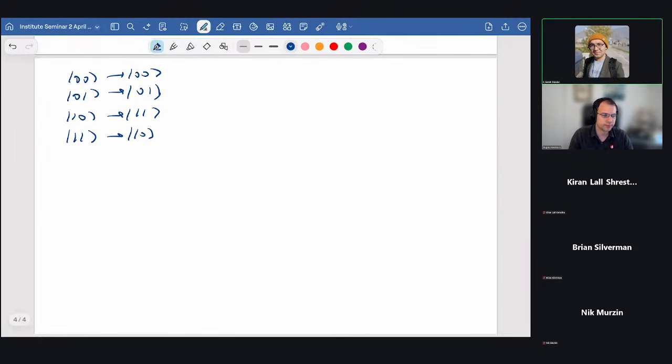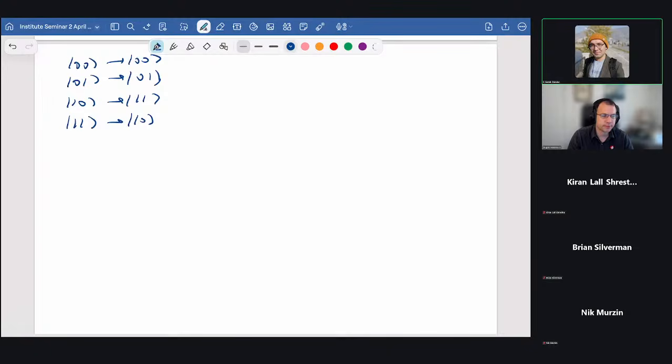Let's construct another gate, which is not necessary for our purposes, but will be useful to illustrate a few properties of our systems: the swap gate. What it does is that it swaps the first and the second qubit. So we have 0,0 goes to 0,0, 1,0 goes to 0,1, 0,1 goes to 1,0, and 1,1 goes to 1,1.